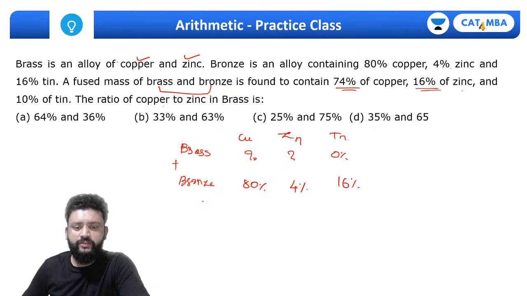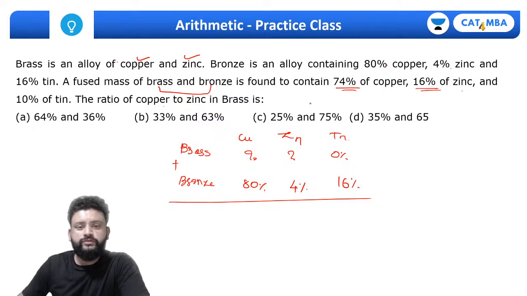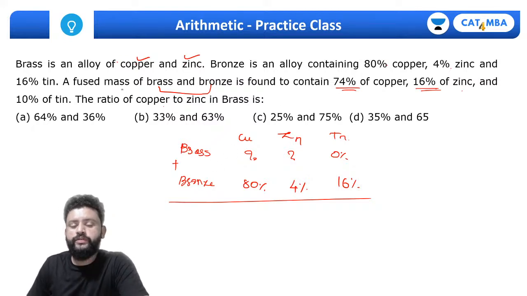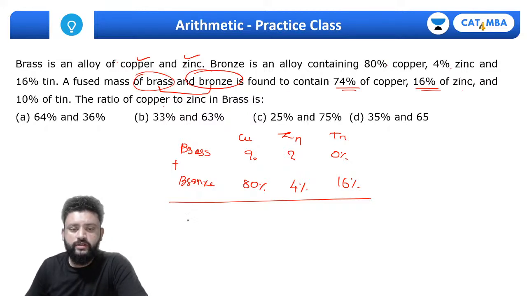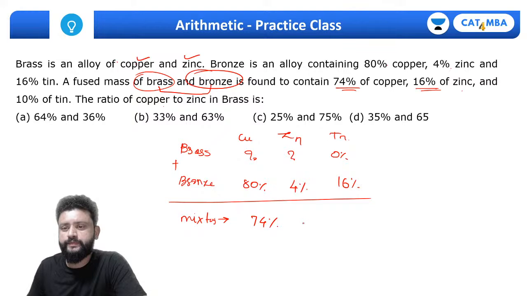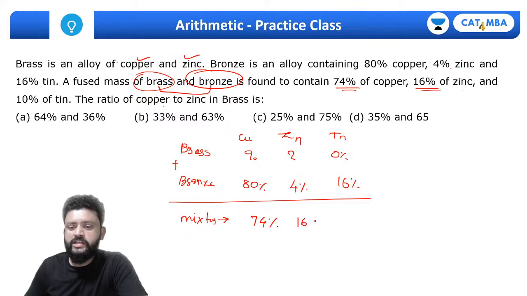And if we mix these two alloys, we get a fused mass of brass plus bronze, which contains 74% of copper, 16% of zinc and 10% of tin.